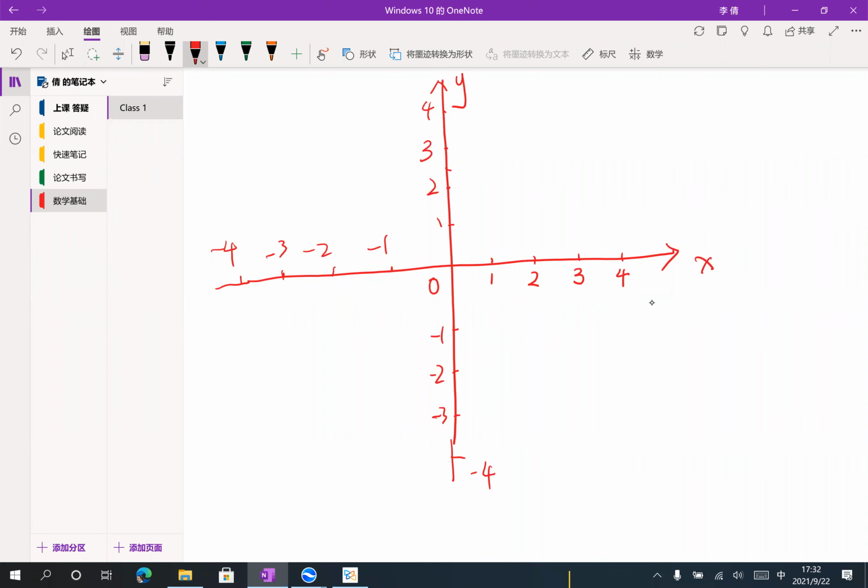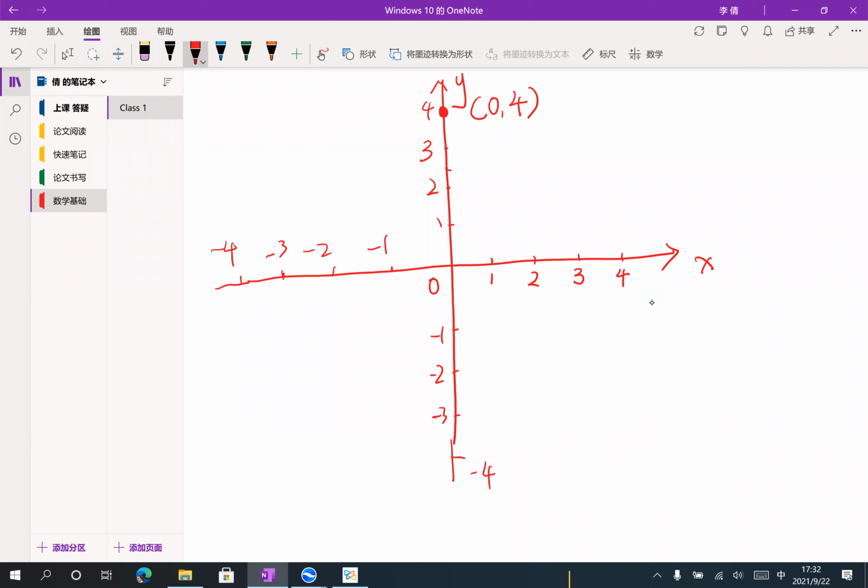Okay, let's see a point. First, the ordered pair of this point is what? (0, 4). Yes, (0, 4).